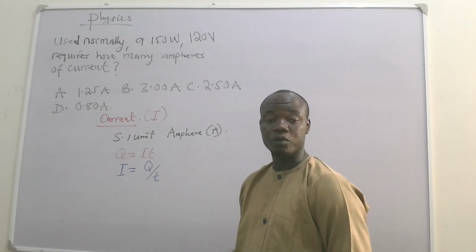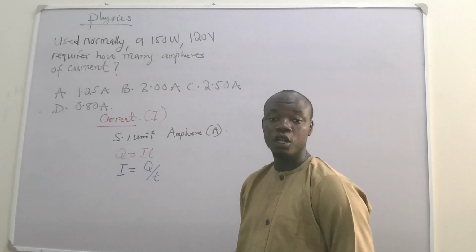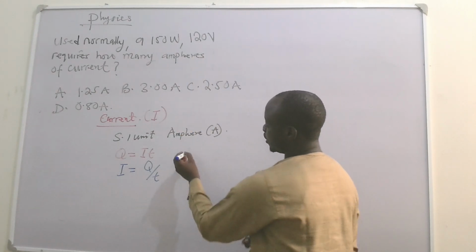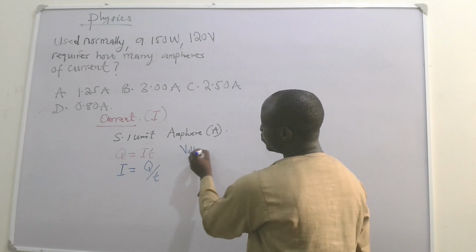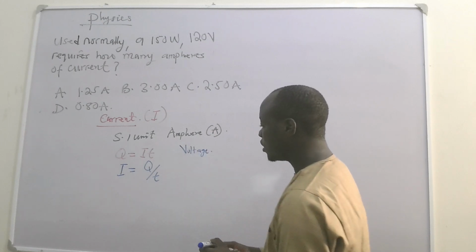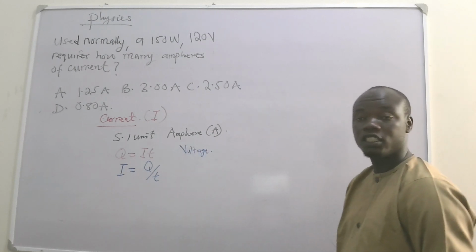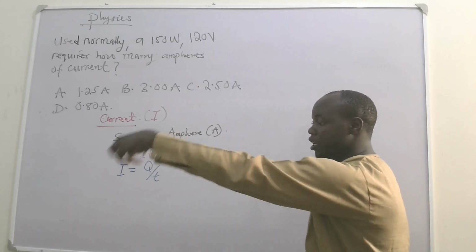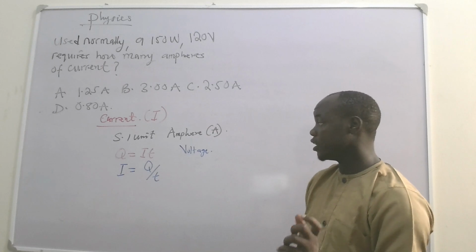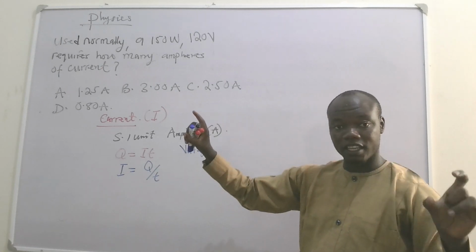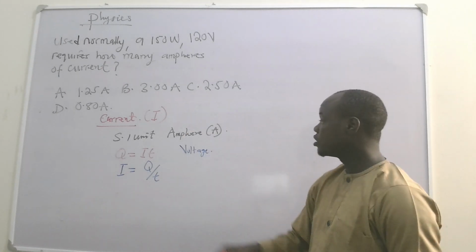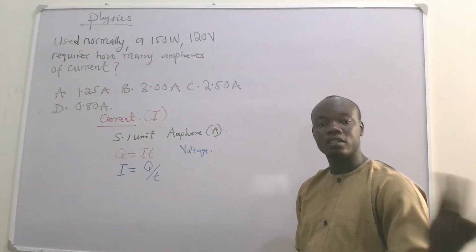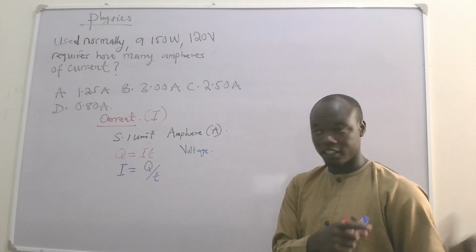And of course, apart from current, we have what we call voltage. What is a voltage? A voltage is like a driving force that transfers electrons from one point to another. Remember that in an electric circuit, we have electric current, and electric current is what gives the electricity.